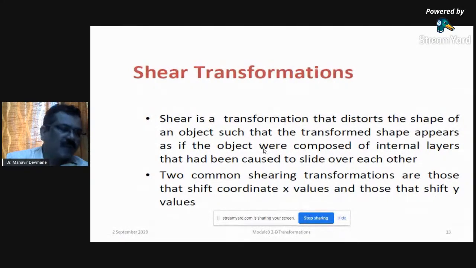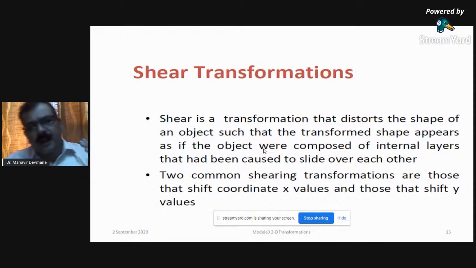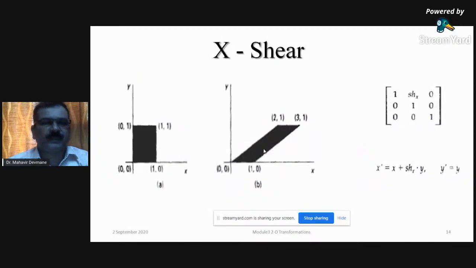So these two types of shear transformations are there. So in shear transformation, what is actually done? It's as good as applying some force on that particular given object, as shown in the next diagram.